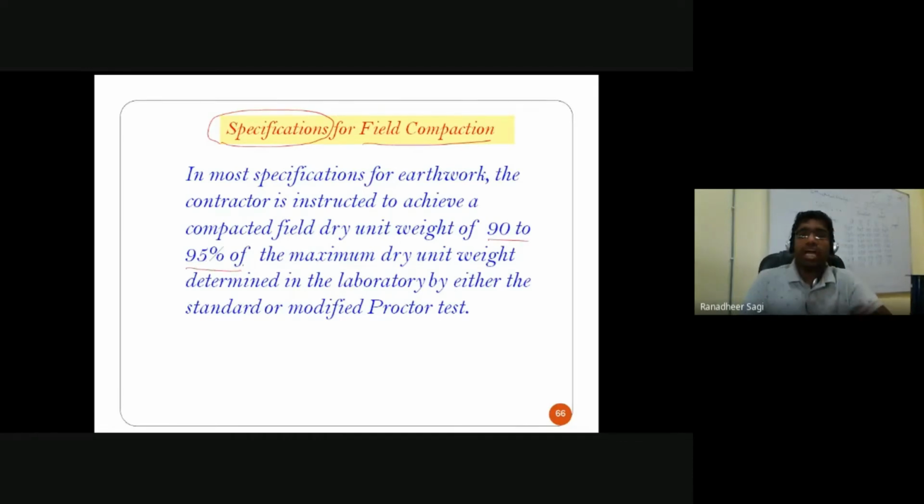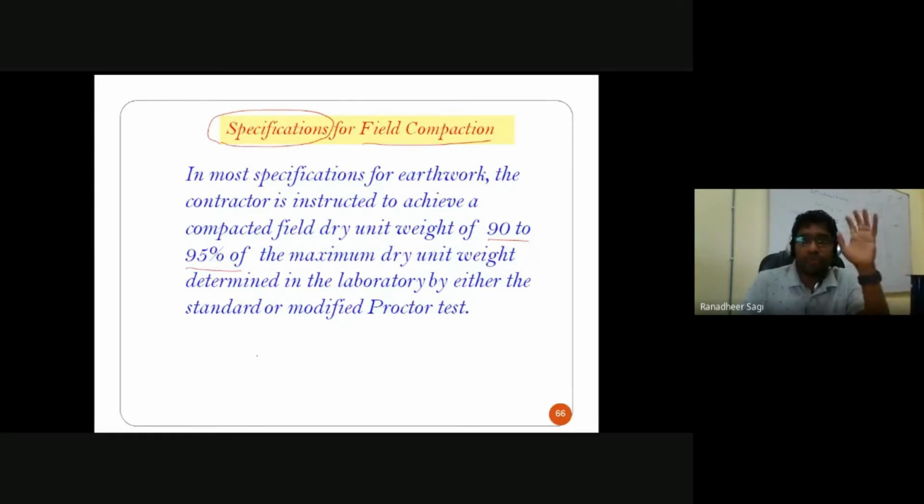At least 90 to 95% of your maximum dry density, or let me put it the other way, the maximum dry density achieved for the soil compacted in the field should be at least 90 to 95% of the maximum dry density achieved for that same soil when compacted in the lab.